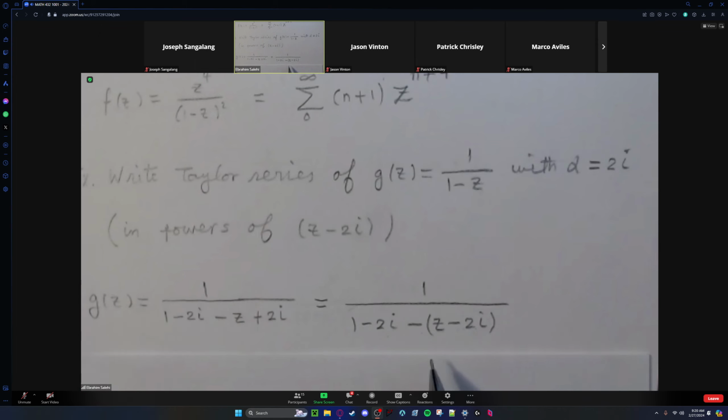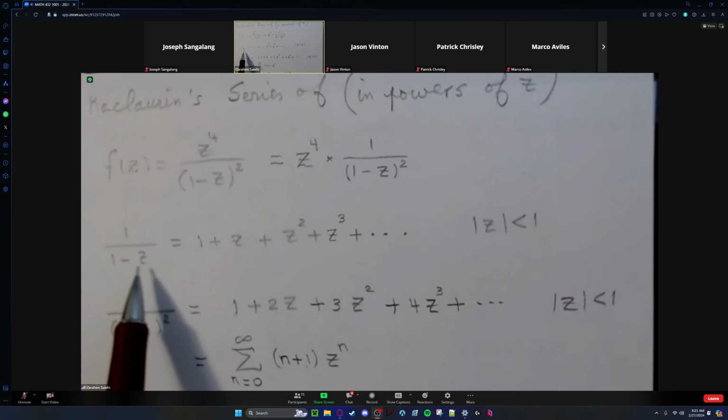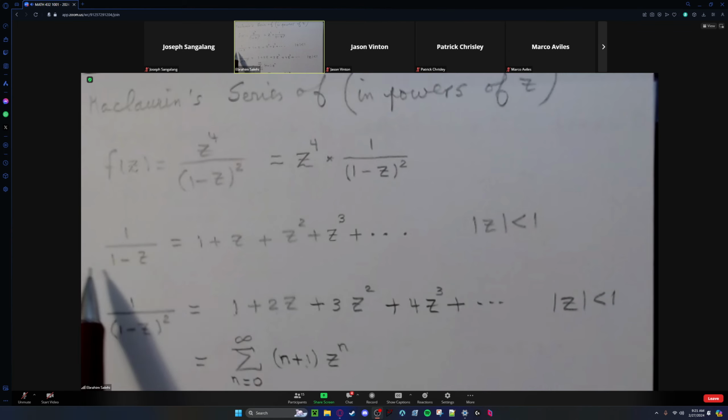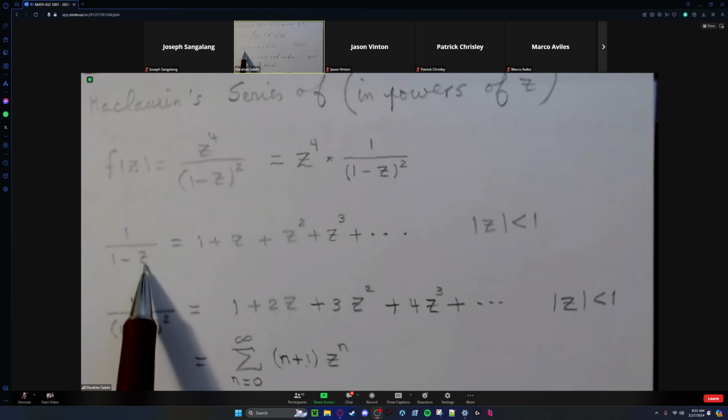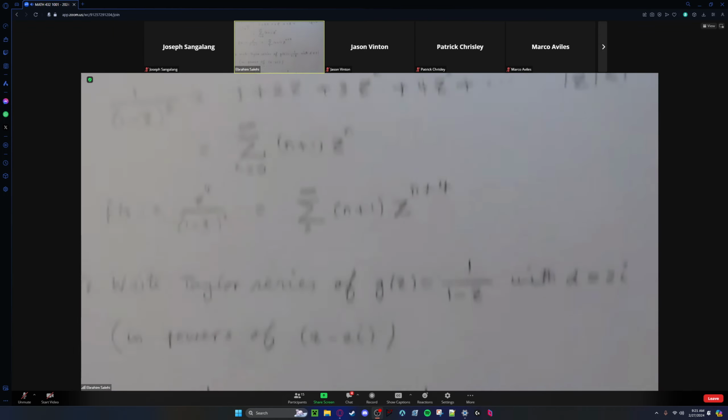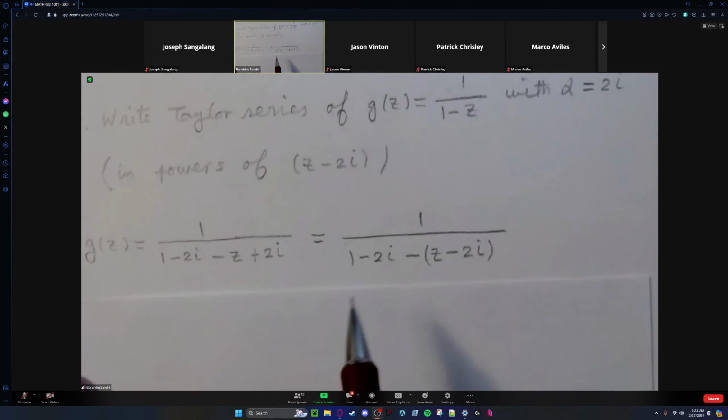But if I want to make use of the geometric series, I need to somehow make this one look like 1 over 1 minus something, right? If I want to use this geometric series, this is the format, 1 over 1 minus something. That is when you factor 1 minus 2i from the denominator.